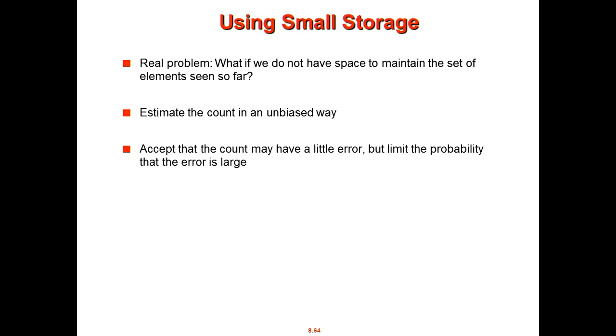And because we assume that we are not able to maintain all the elements we have seen so far, we try to estimate the count in an unbiased way. We accept that the count may have a little error, so the answer is not exact, it's approximate, and that's fine.